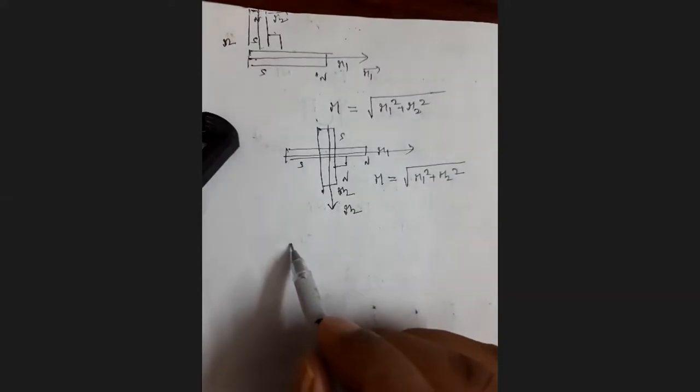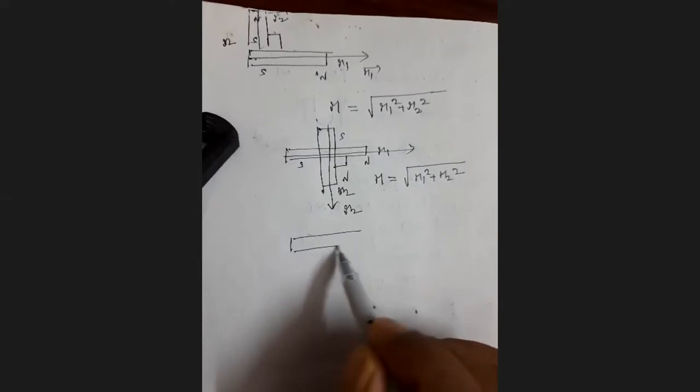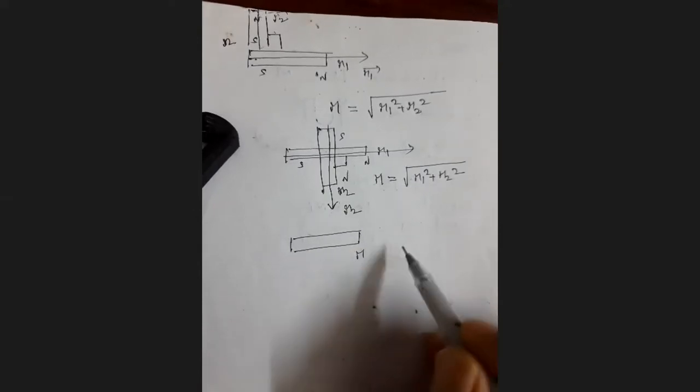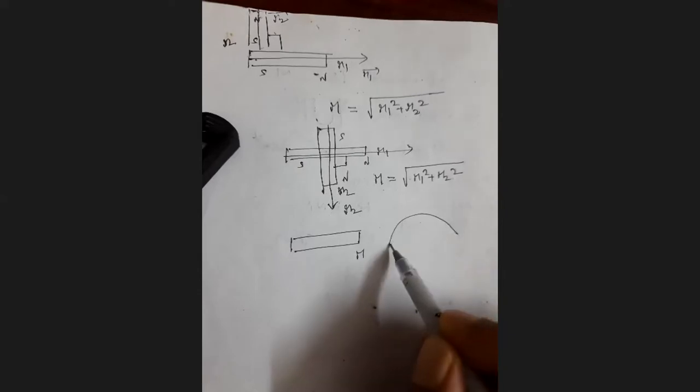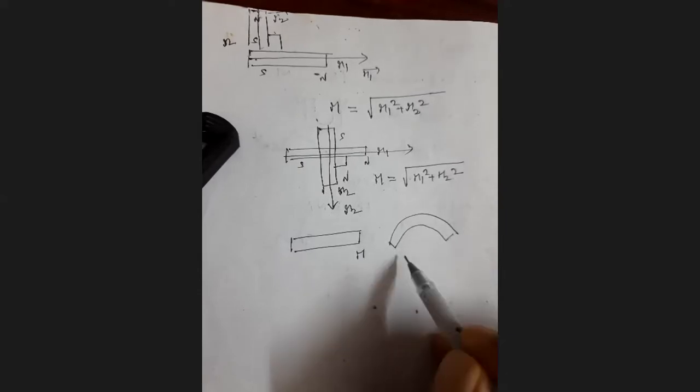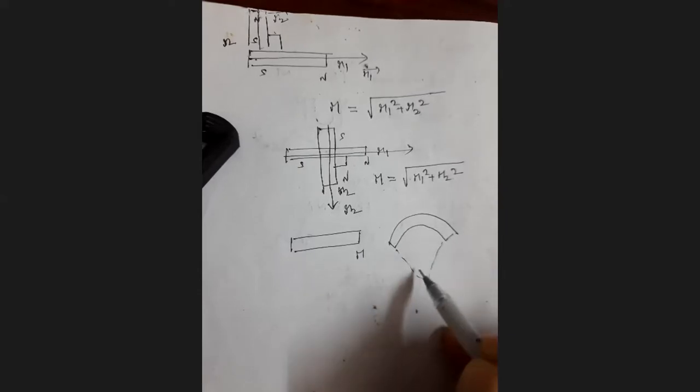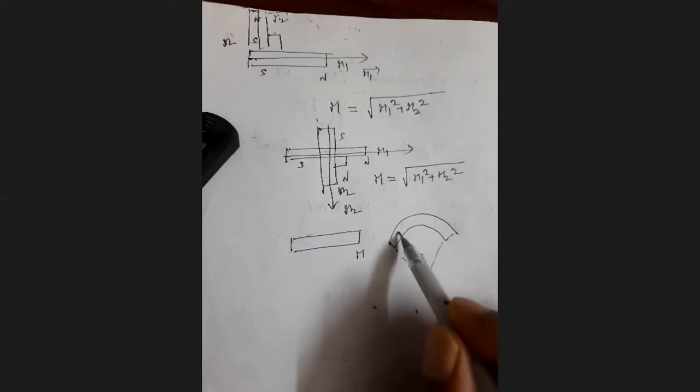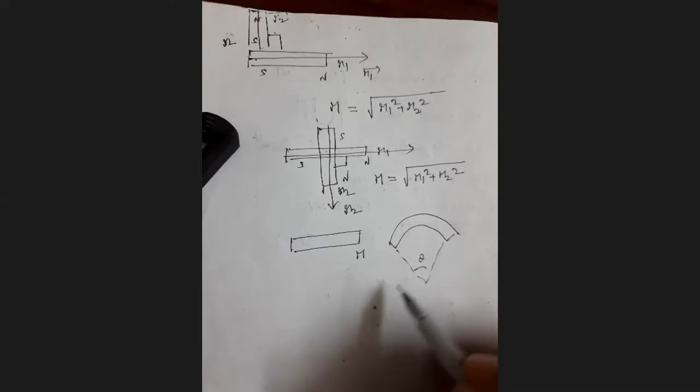Okay. One more example. You take a bar magnet of moment M and bend it into an arc shape like this. This arc is making some angle theta at the center, that is, subtending angle theta at the center.